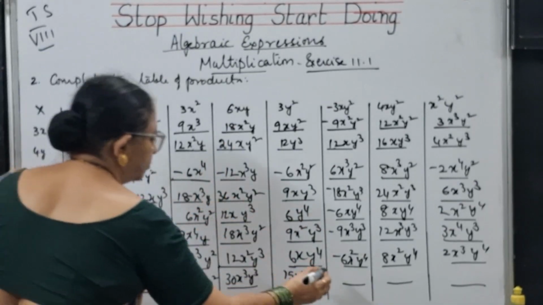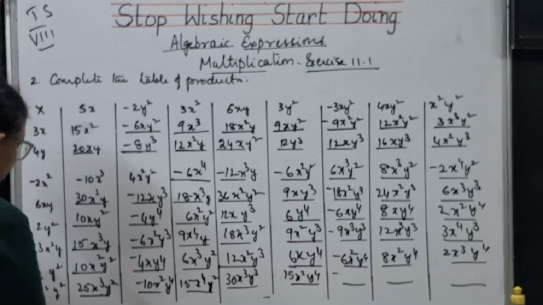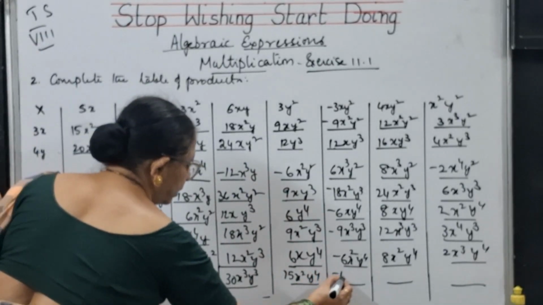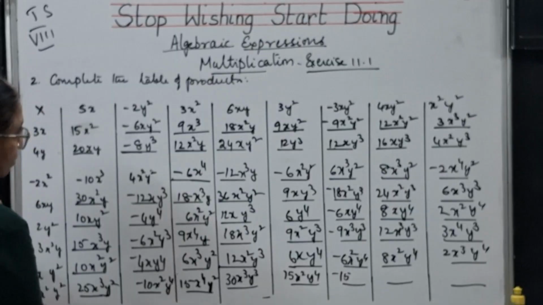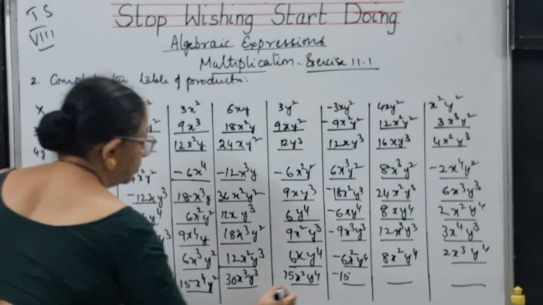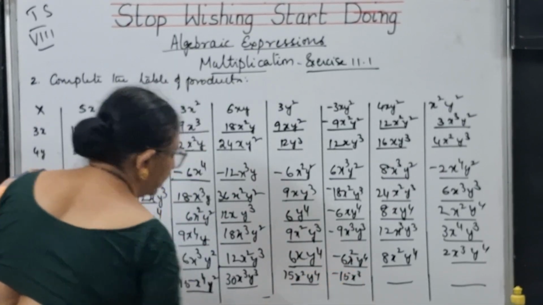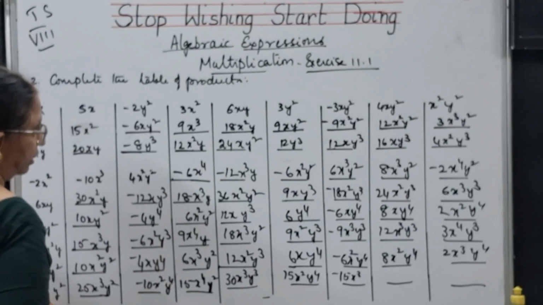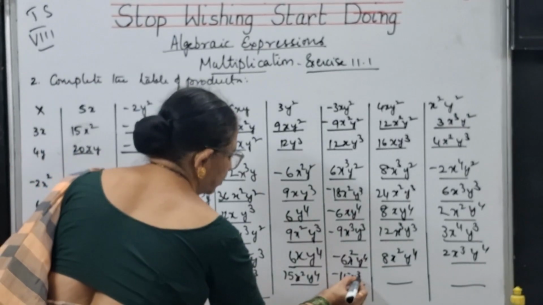Next, plus into minus is minus. 5 3s are 15 x square into x, x cube, and y square into y square, y to the power of 4.